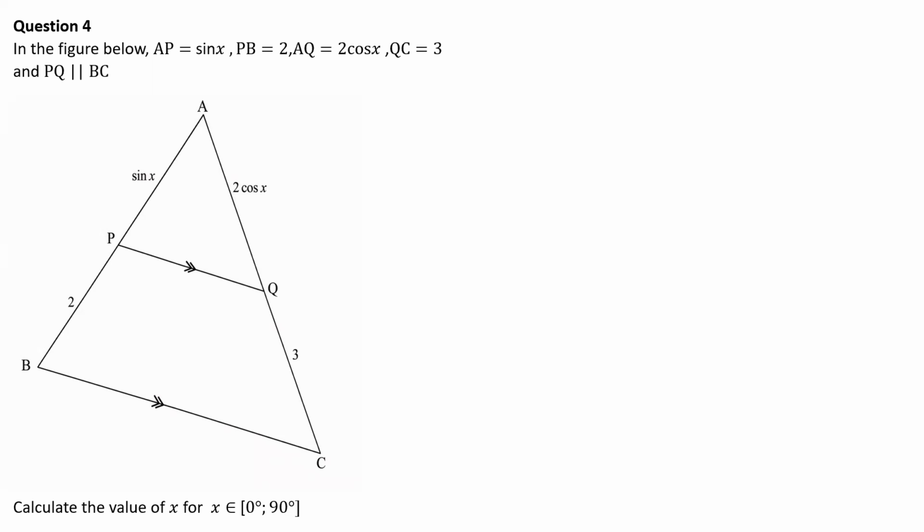Given, stated, and then they said PQ happens to be parallel to BC. Question: calculate the value of x for which x is an element between 0 and 90, greater than or equal to 0, less than or equal to 90. So I'm looking for x.